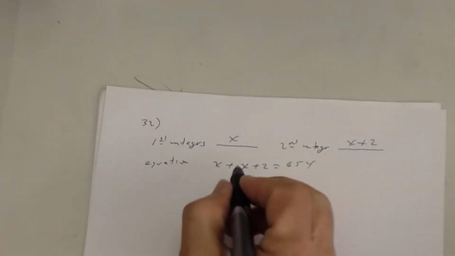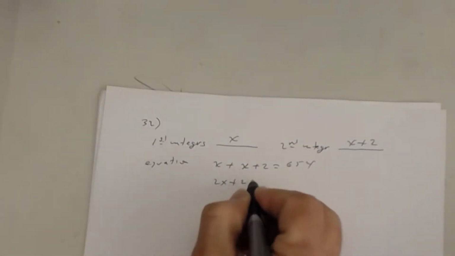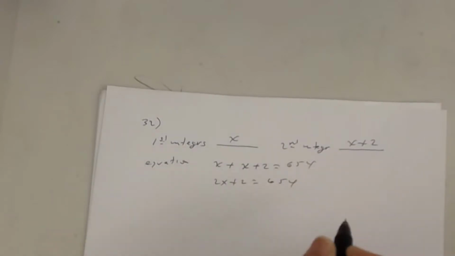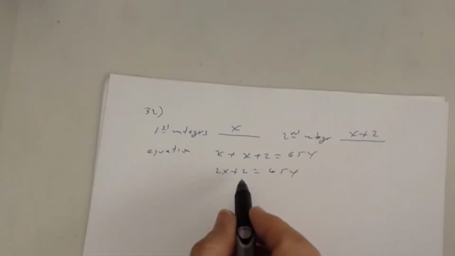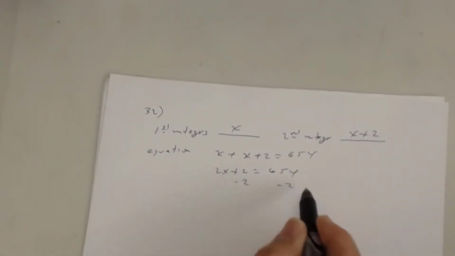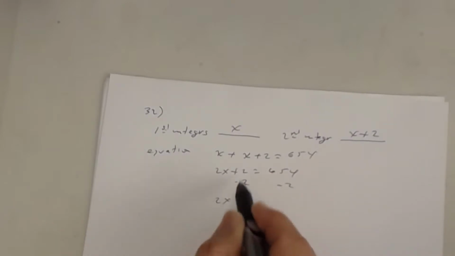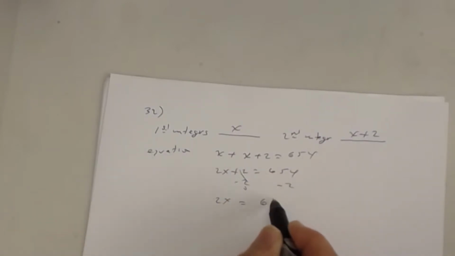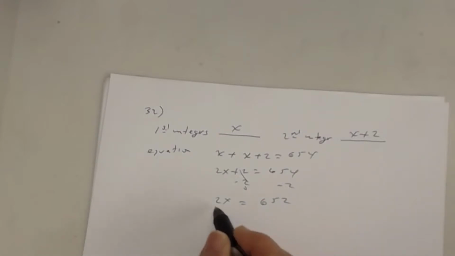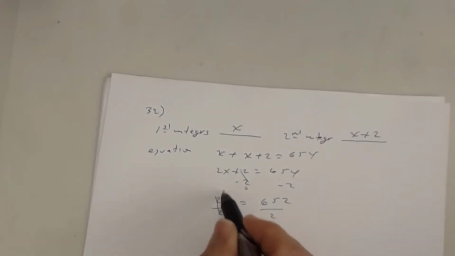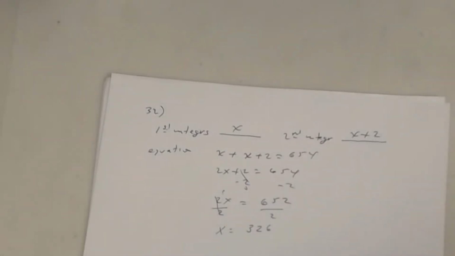What do I get? 2x plus 2 equals 654. What's the next step? Subtract 2. And then combine like terms, I get 2x equals 652. Divide both sides by 2. And so what's x? 326.